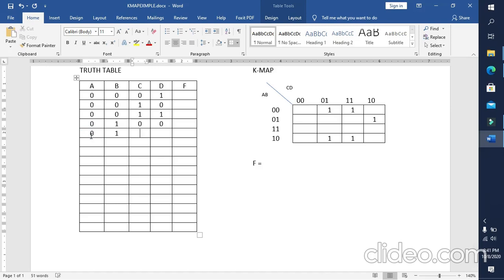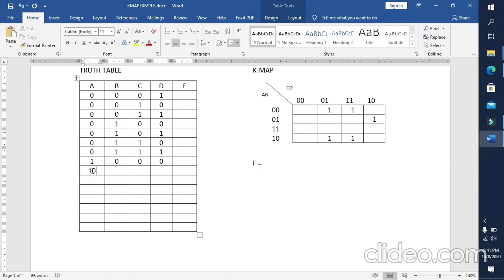Then we have 0, 1, 0, 1. Then I have here 0, 1, 1, 0, and then 0, 1, 1, 1. Then I have 1, 0, 0, 0.